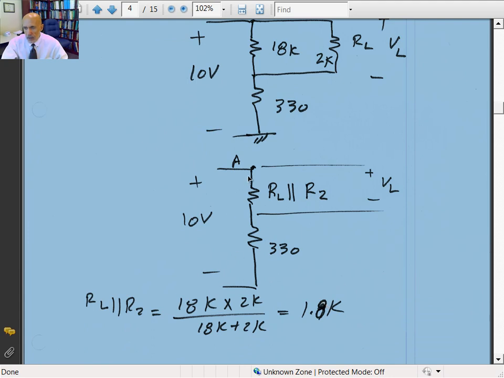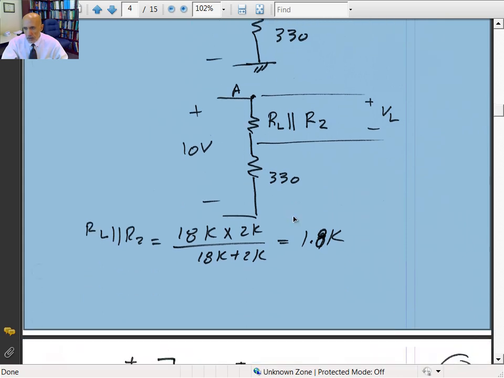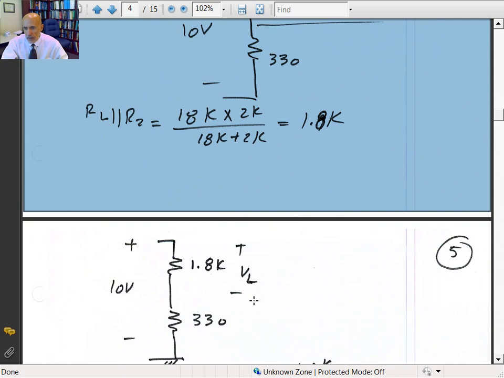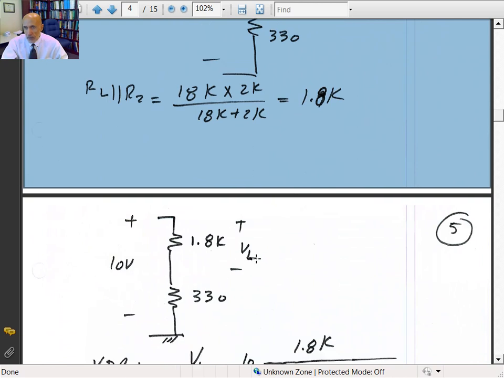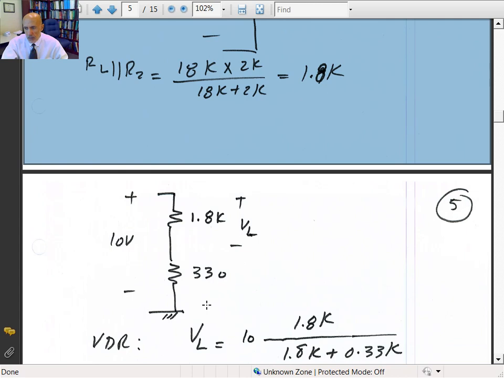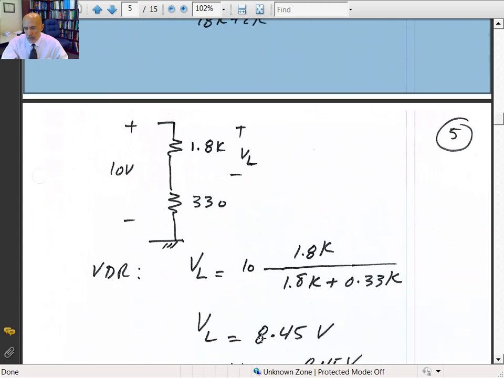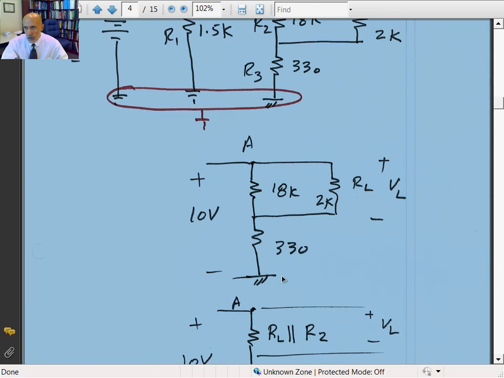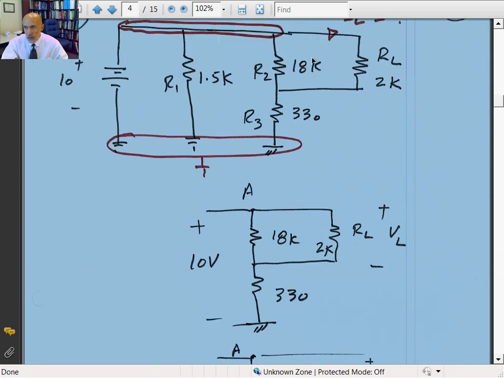So if I look at the voltage across the parallel combinations, use the voltage divider rule, V sub L would be equal to 1.8K times 10 volts divided by 1.8 plus 330, that's 0.33K. So V sub L would be 8.45, which is the same voltage that you have here.